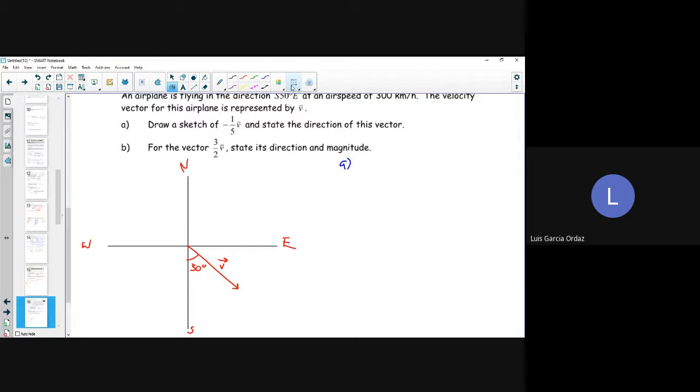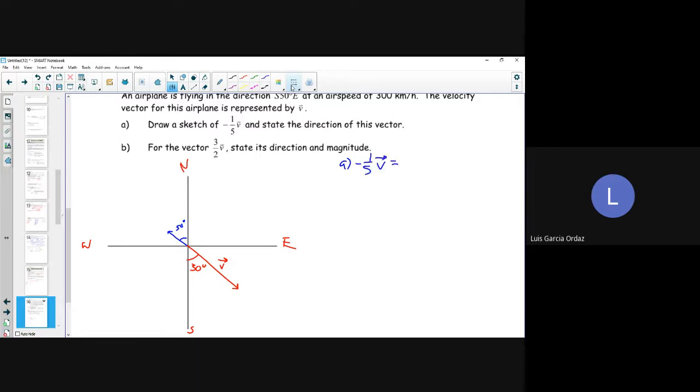Yep. So this is going to be over here. So that's going to be 50 degrees because of the opposite angle theorem, which means that -1/5 vector v.